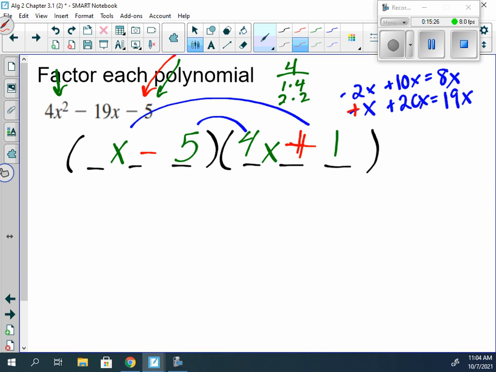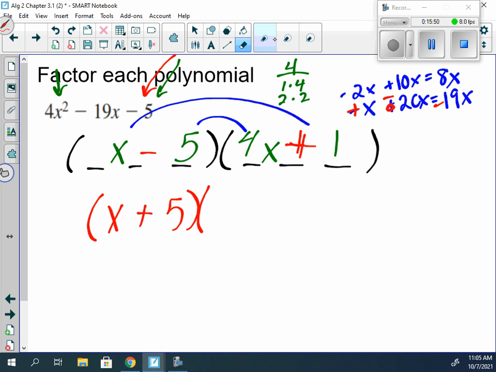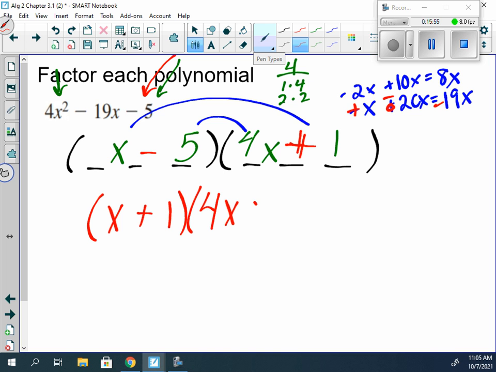The negative 5 times 4x would make it negative 20x, so x minus 20x would be negative 19x. Now flipping the 1 and 5, instead of changing the signs, would actually give us a completely different setup, because it would be x plus 1 times 4x minus 5.